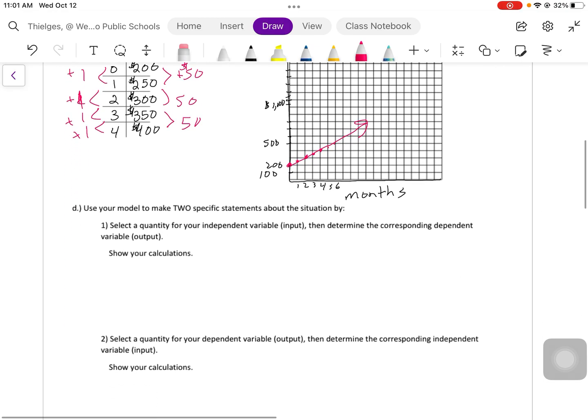Okay. Use your model to make 2 specific statements about the situation. Select a quantity for your independent variable, so any input, and the corresponding output, and show how you calculate it. So I'm just going to take 2. If I put x equal to 2 into my equation of y equals 50x plus 200.